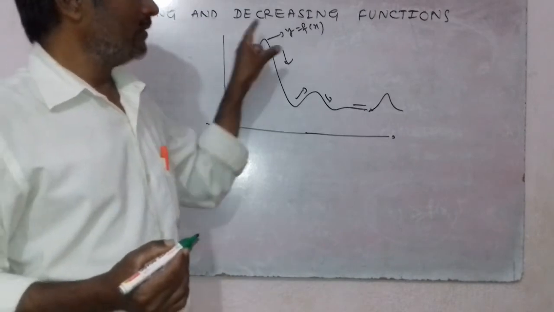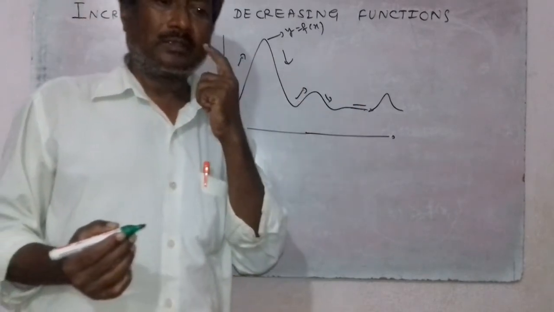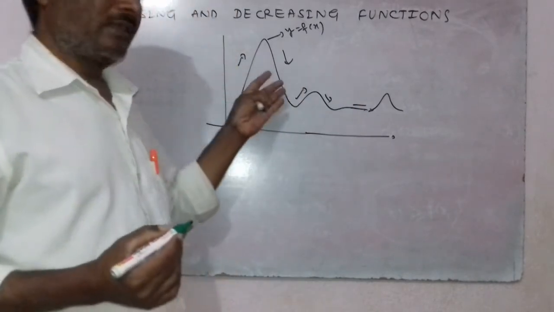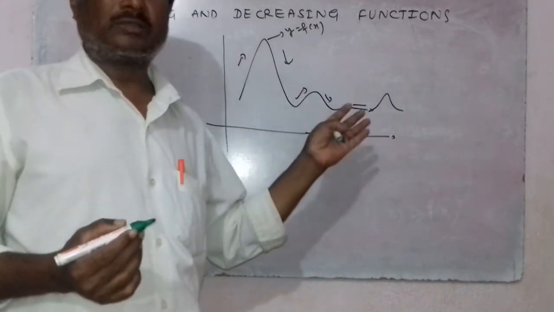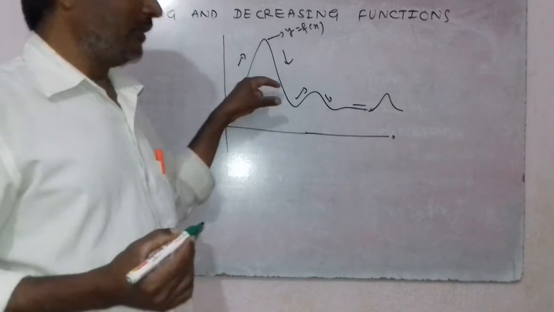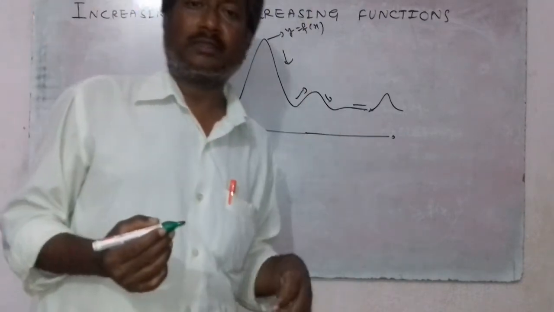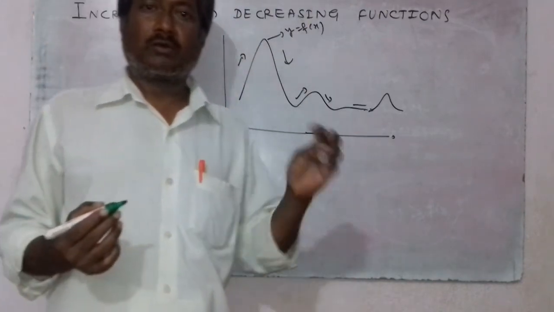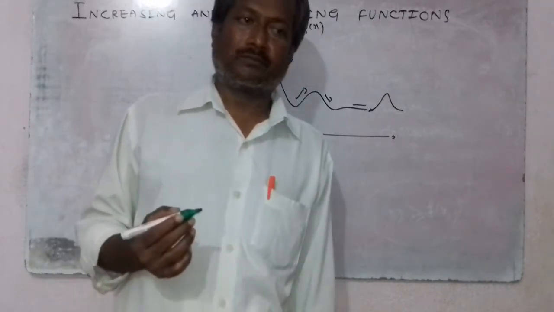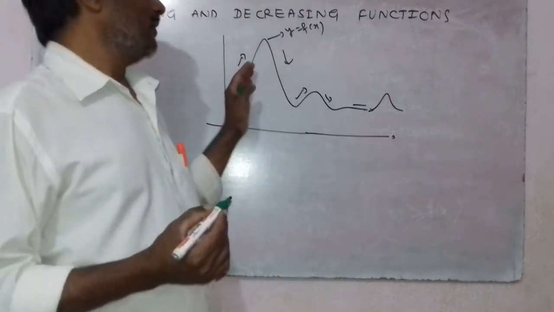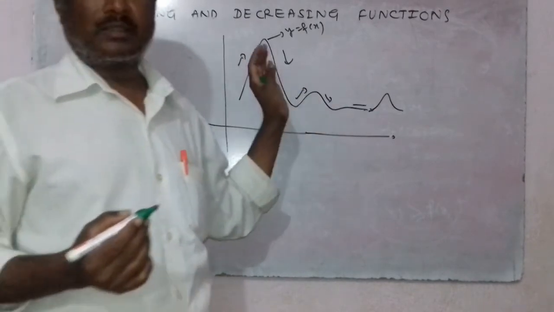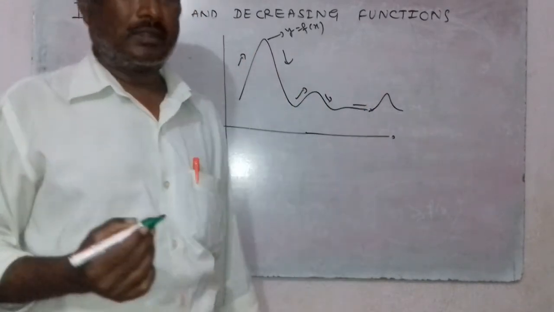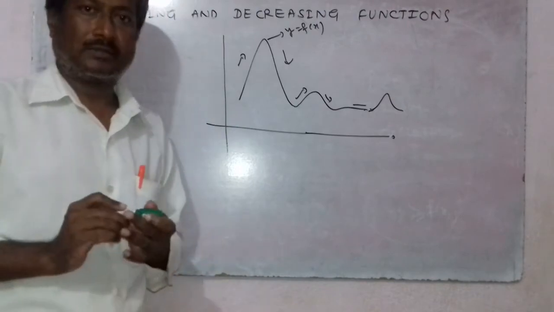So these types of functions are called oscillatory functions. So sine function, cos function, all those are known as oscillatory functions. Neither increasing nor decreasing functions.